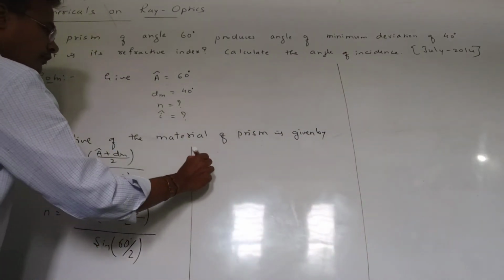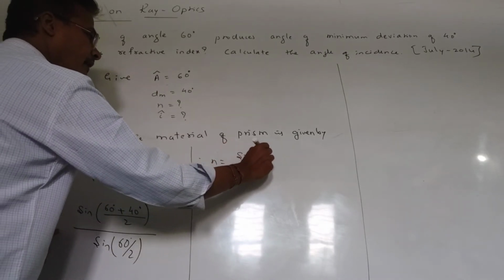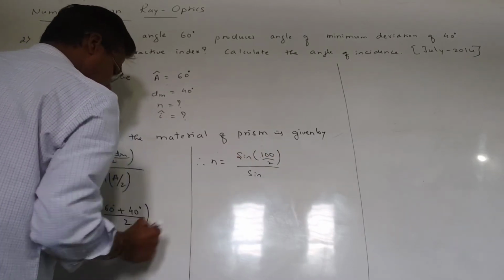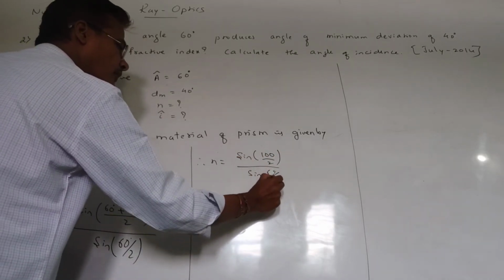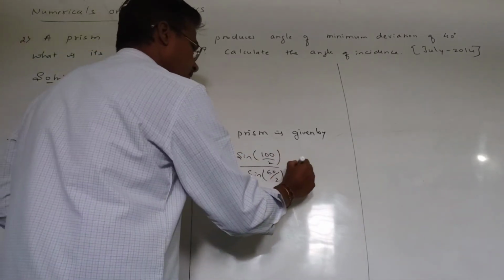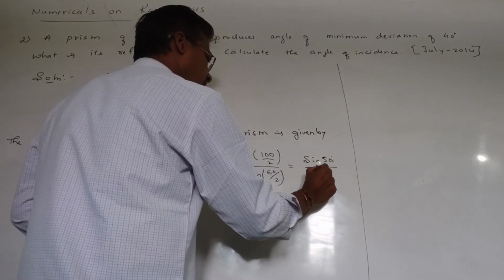Therefore n equal to sin 100 by 2, whole divided by sin 60 by 2. So 100 by 2 is 50, and half of 60 is 30, so n equal to sin 50 divided by sin 30.